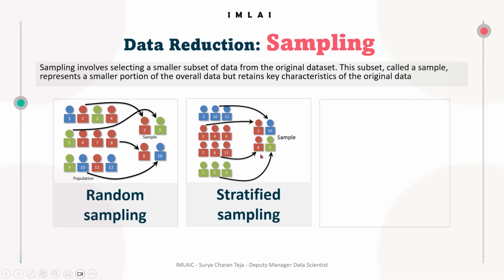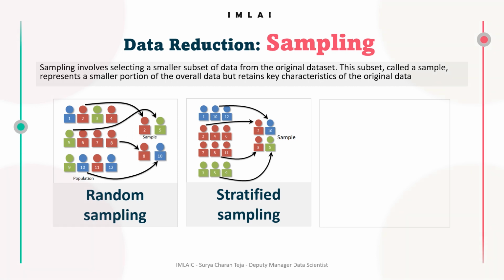This is 3, this is 3, and this is 6. So 1 from 3, 2 from 6, and 1 from 3. The proportionality should be maintained. You have 6 here, so that is the reason we have taken 2, and the remaining 2 strata are 3 each, so we have taken 1, 1. This can be useful when the data set has distinct subgroups with different characteristics, and the goal is to ensure that each subgroup is represented in the sample.